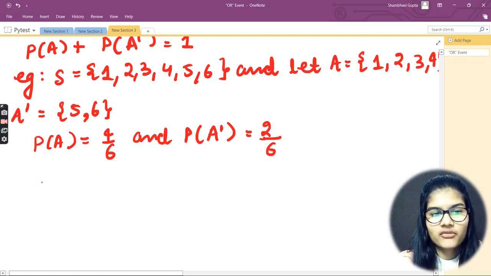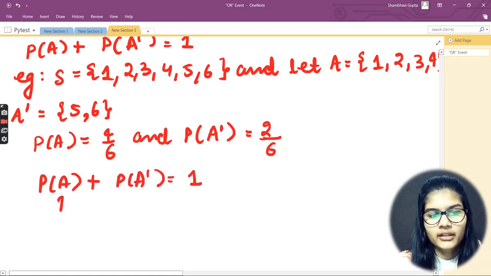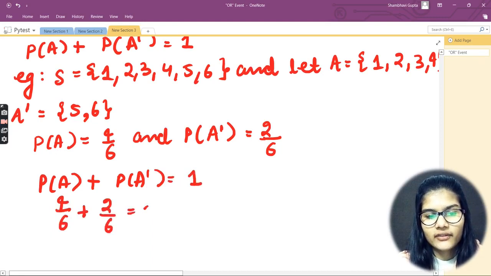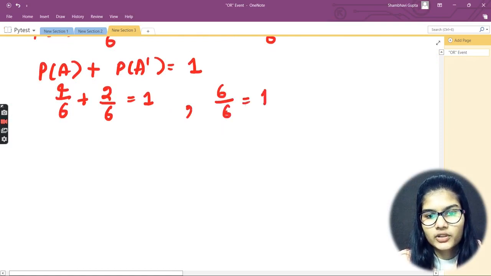Now if I add both of those, probability of A plus probability of A prime is equal to 1. If I apply 4 by 6 plus 2 by 6 and verify this, you will have 6 by 6, which is equal to 1.